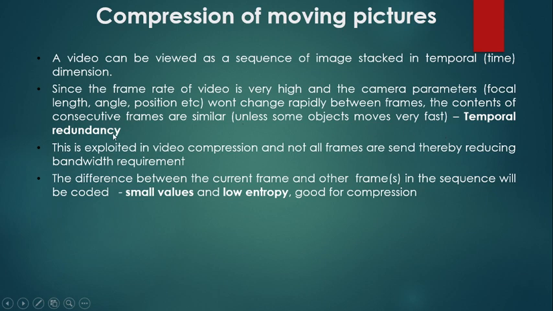So there is temporal redundancy. This is exploited in the compression technique. So there is no need for transmitting all the frames. Whichever frame is different, or where the change has occurred, that you can compress and send. So we will have low entropy, that is, the average information which we transmit is now going to be very low. So a large compression can be achieved.